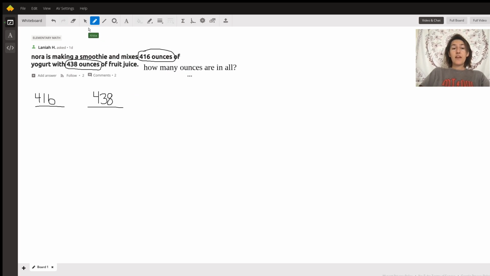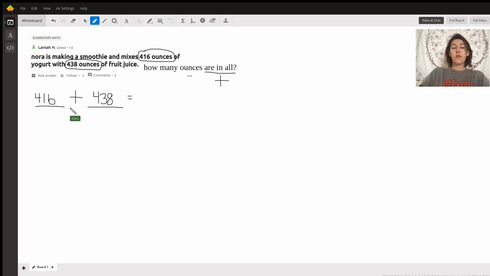So if you can think of a math operation that says are in all, when we see words like in all, that tells us it's addition because we're combining things. We're joining things. That's how your teacher might talk about it. So we're going to say we want to add 416 and 438.